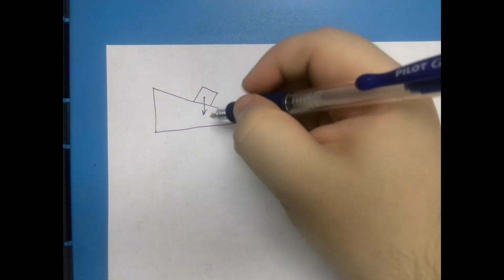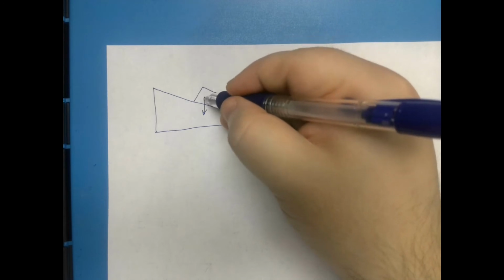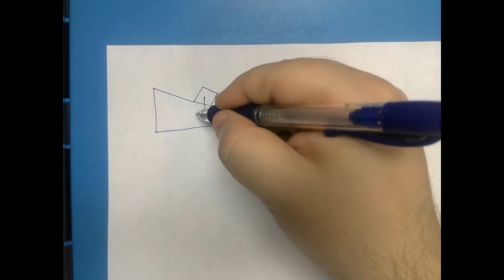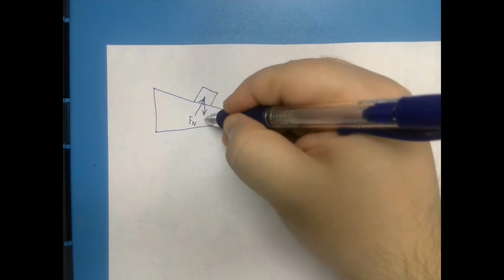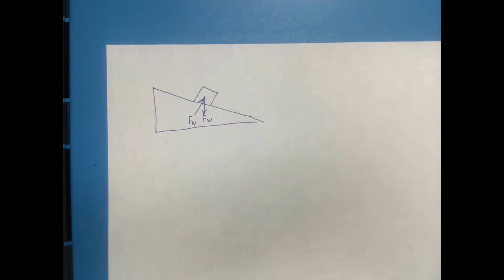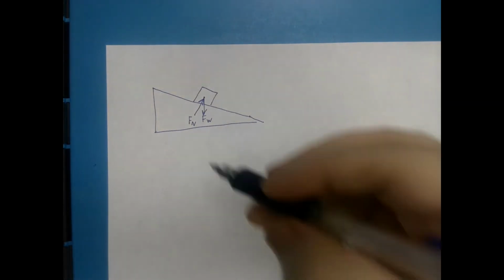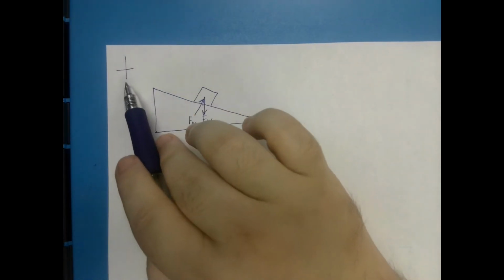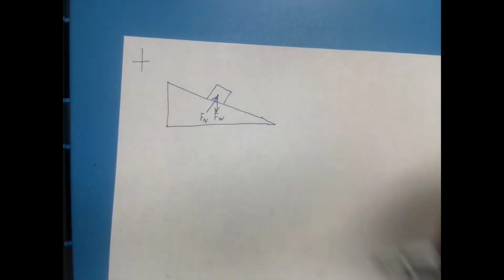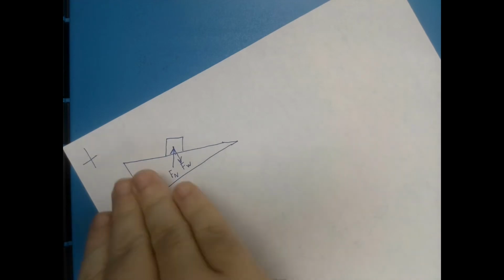And we have a normal force. So this is the normal, this is the weight. I tried solving it by setting my axis like this. So I have a vertical axis and I have a horizontal axis. I was getting stuck on solving it that way. It's kind of difficult to solve. But wouldn't it be so much easier if I just rotate this so that this is on a flat surface?